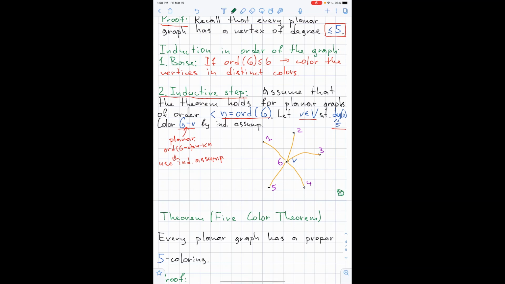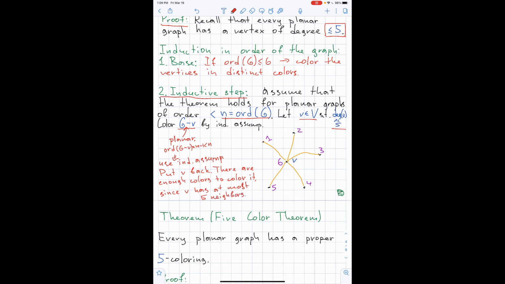So maybe I should write some words here. We put the vertex V back, and then we observe that there are enough colors to color it properly, since V has at most 5 neighbors.